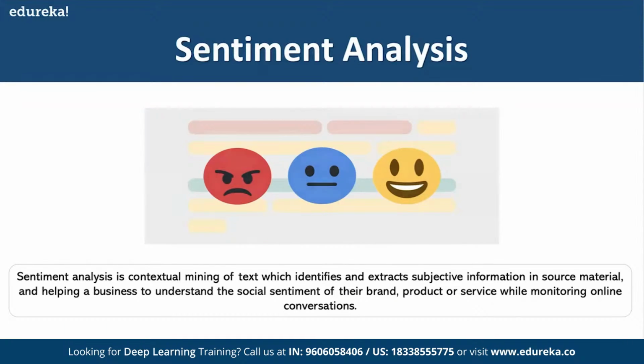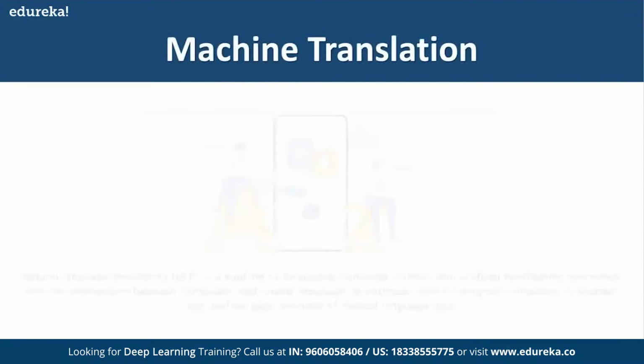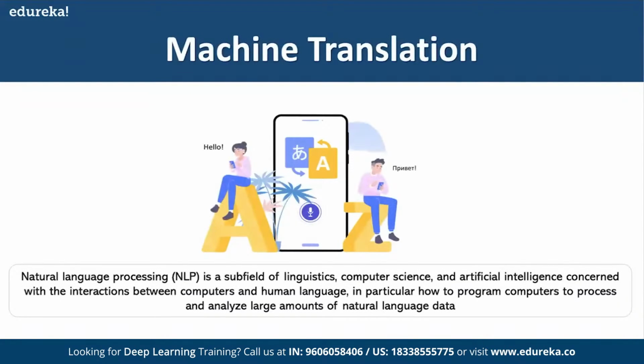That's sentiment analysis. It is also used in machine translation, to analyze a large amount of text data and translate it from one language to another language. So that's where we make use of the LSTM neural network. These are all the various applications of this LSTM neural network.